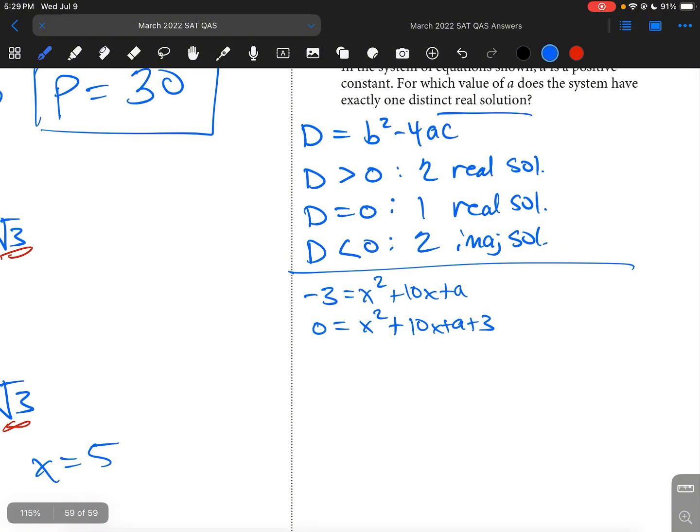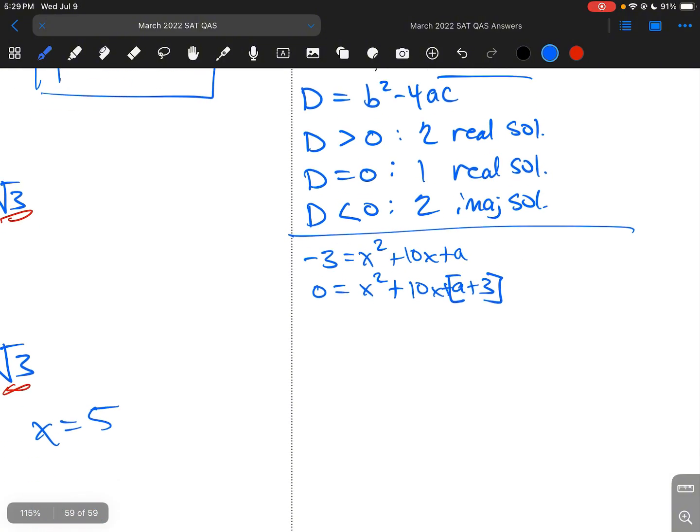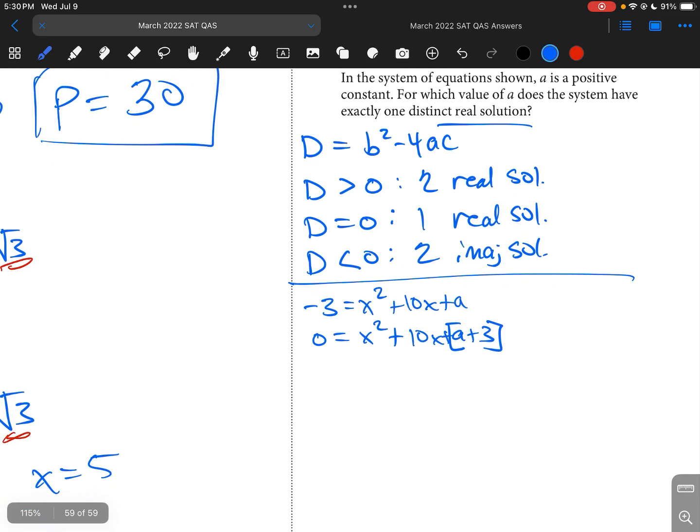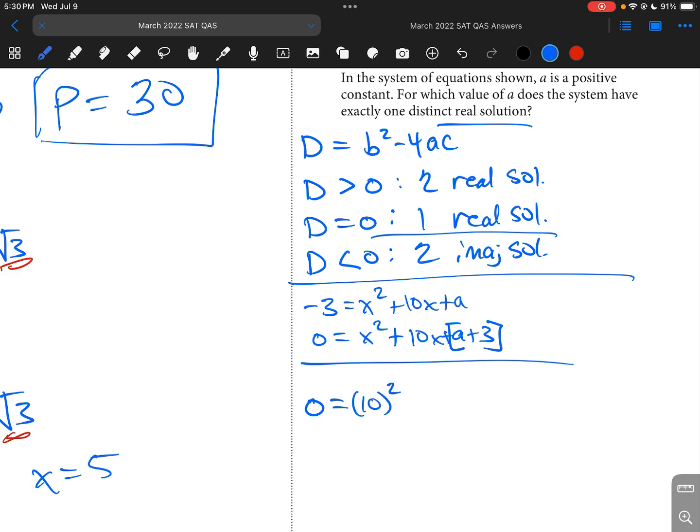Okay, so this is really just one term c. So let's plug everything into the discriminant and set it equal to 0 because we want one real solution. So 0 is equal to b squared, which is 10, so 10 squared, minus 4a, which is 1, because this is a, this is b, this is c, and 4ac, so a plus 3.